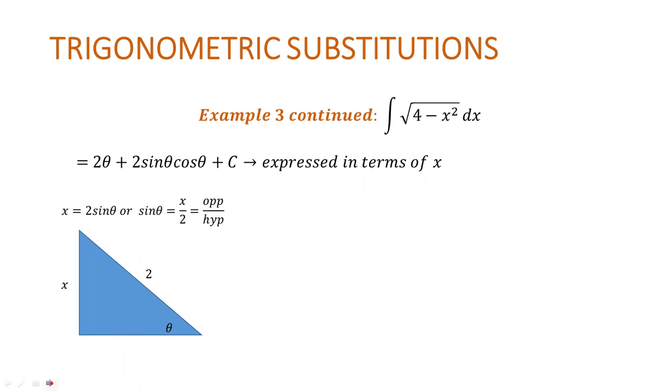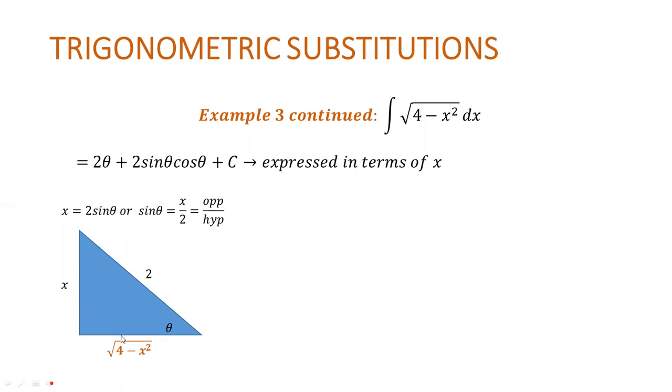So that would be the square root of 4 minus x squared. This one you square and you square. That would be the adjacent side to the angle theta. Now, you know already this sine theta and cosine theta based on what you have here on the triangle. So you just see, oh, sine theta is x over 2.